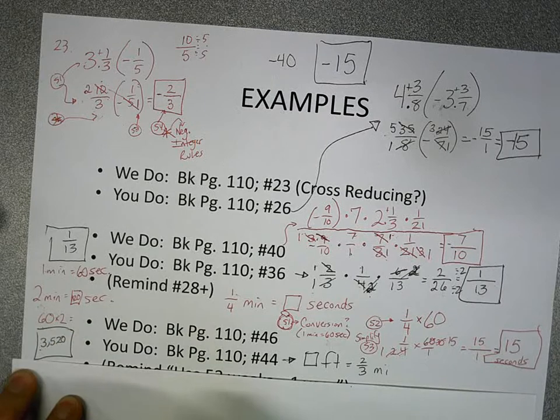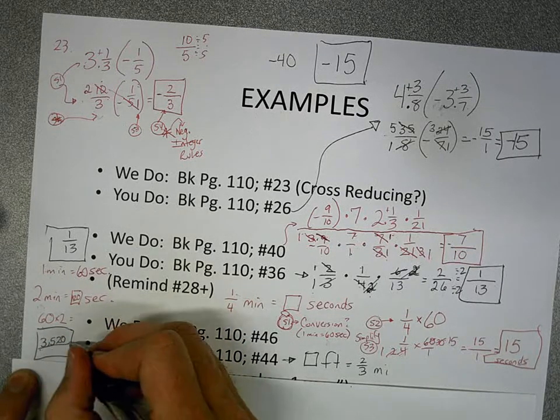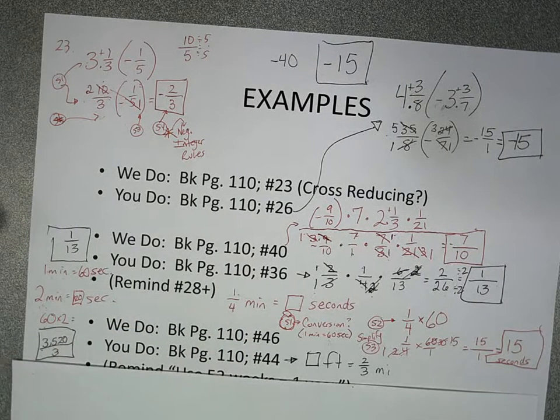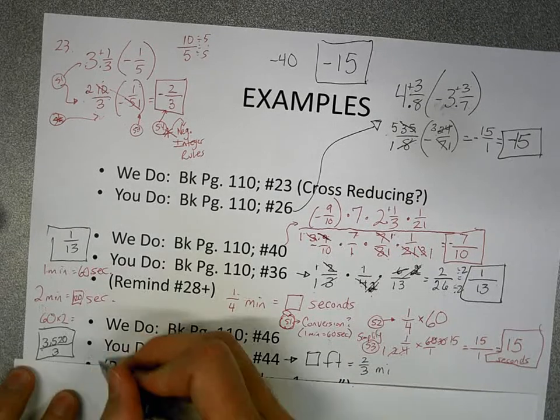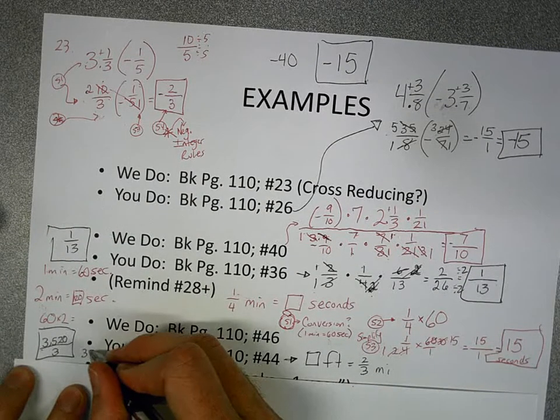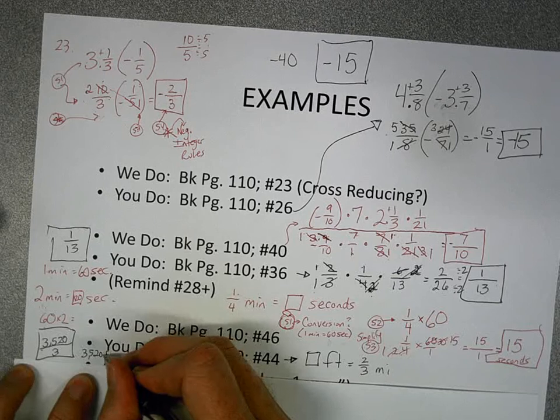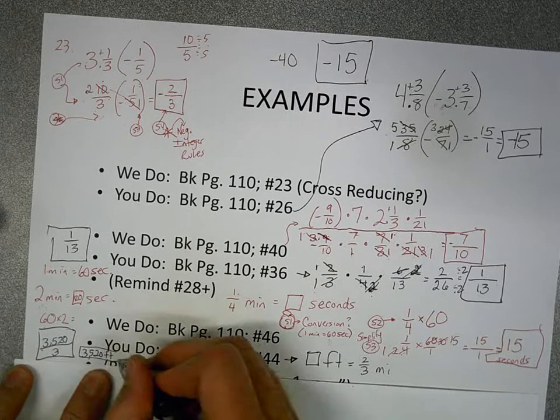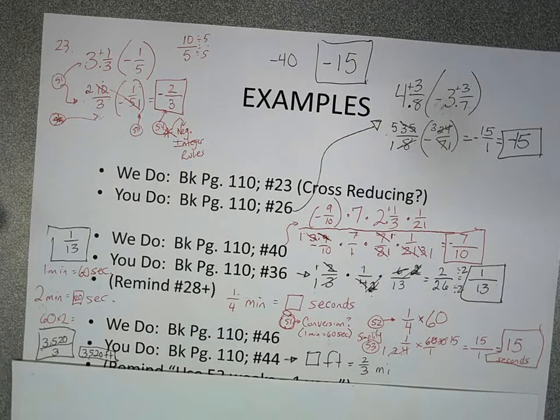Over 3? Okay. Agree, disagree? Couple of agreements, some disagreements. Anyone else? Other ones out there? 3,520 feet. 3,520 feet by itself? Yeah. Okay, agree, disagree? More agreements there.